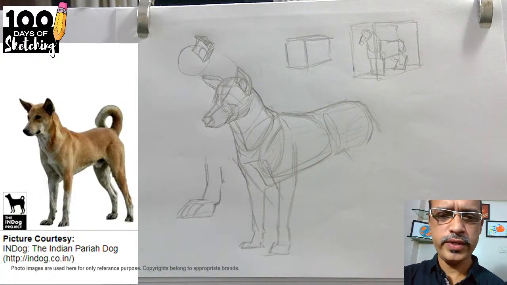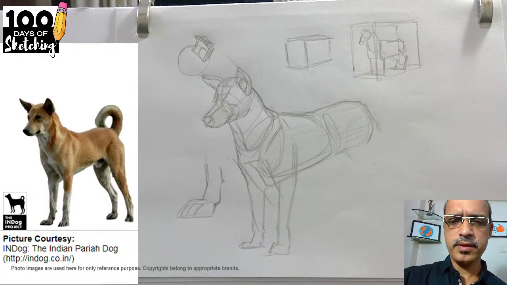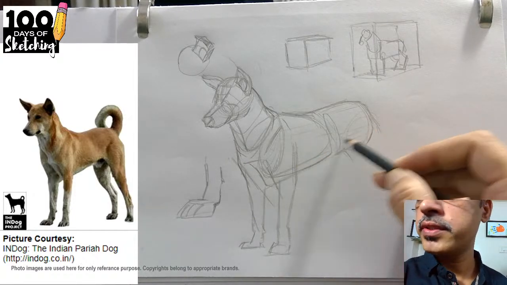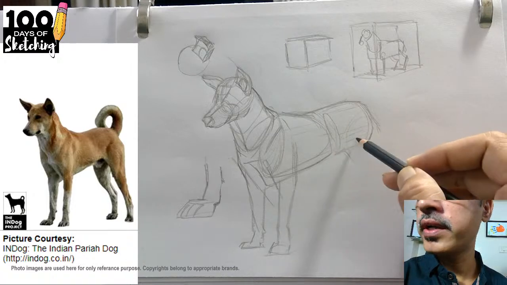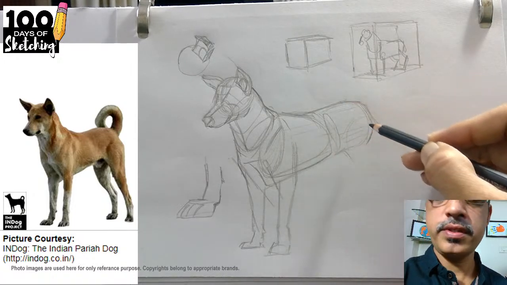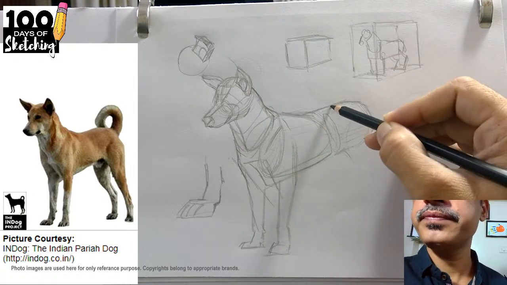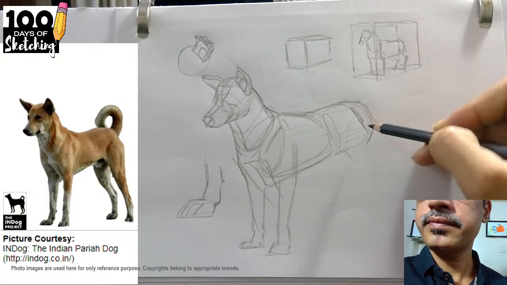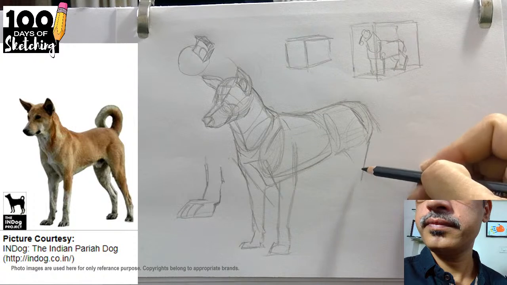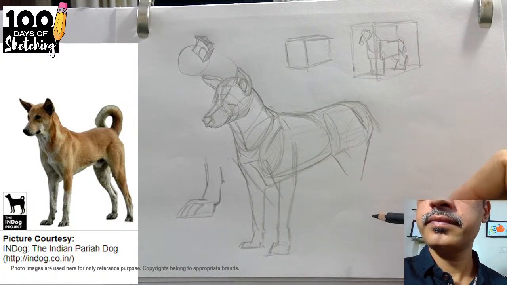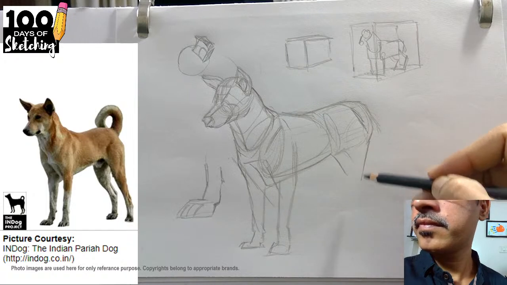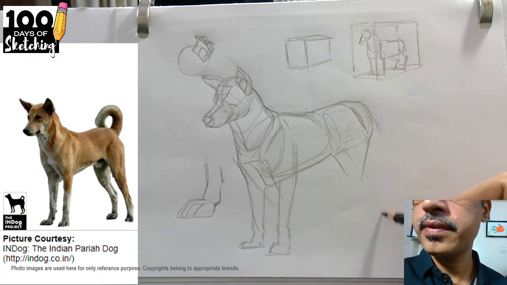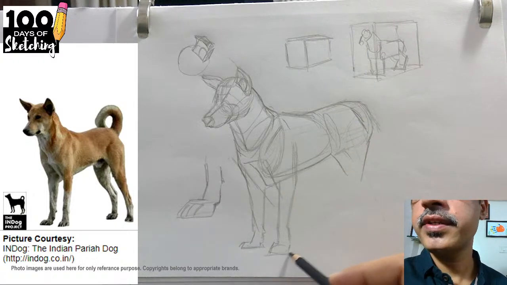So yeah, it's going very well, the proportions and all, but I find that this portion is getting a bit longer. So what I can do is just shorten this. This is also very important, the leg structure.